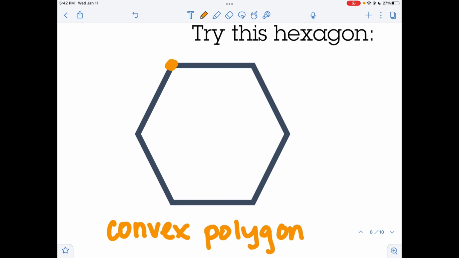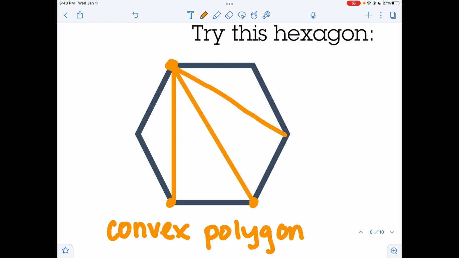I like the top left. Now again, we're not going to use this one because that's just a side. But if we come down here, there's a diagonal because we went from corner to corner, right? And we can come down here, that's corner to corner. From here is corner to corner. And then this one, that's just a side. We're not going to use that one.